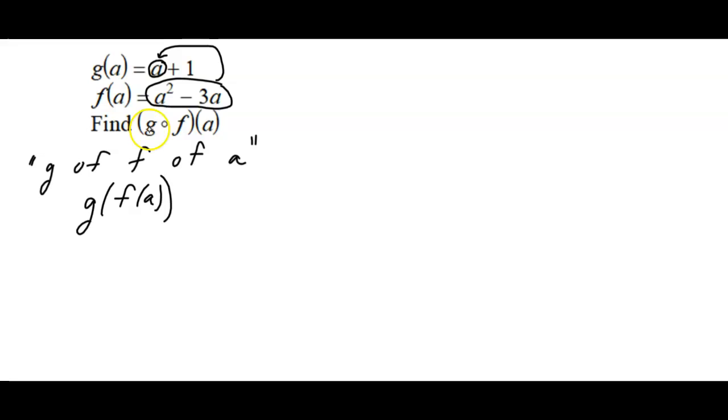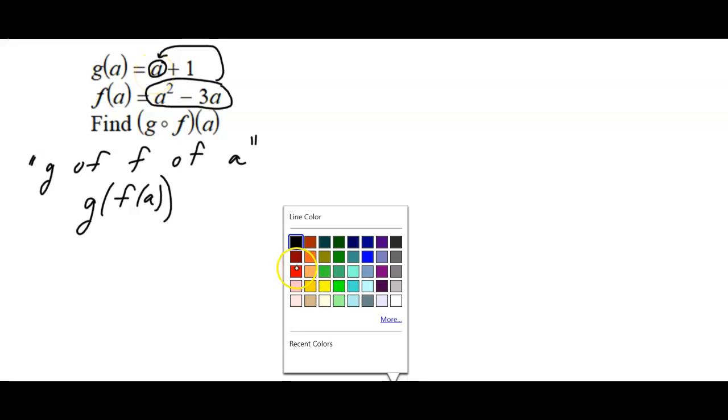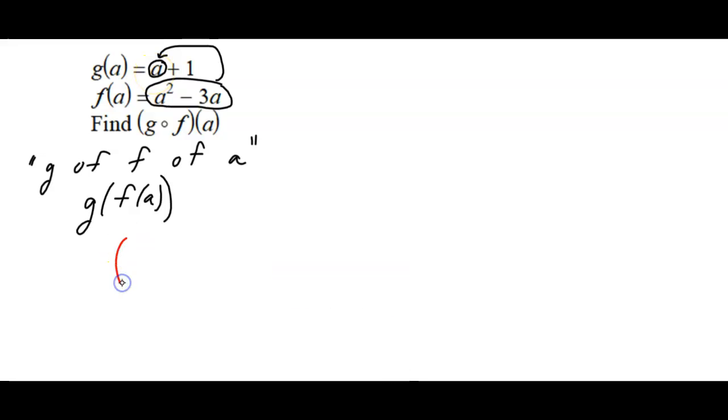So g of f of a. What I like to do is go to my outside function, my g function, and wherever I see my variable, I open up a set of parentheses instead of writing that variable down, and then write the rest of the function. My g function was a plus 1.